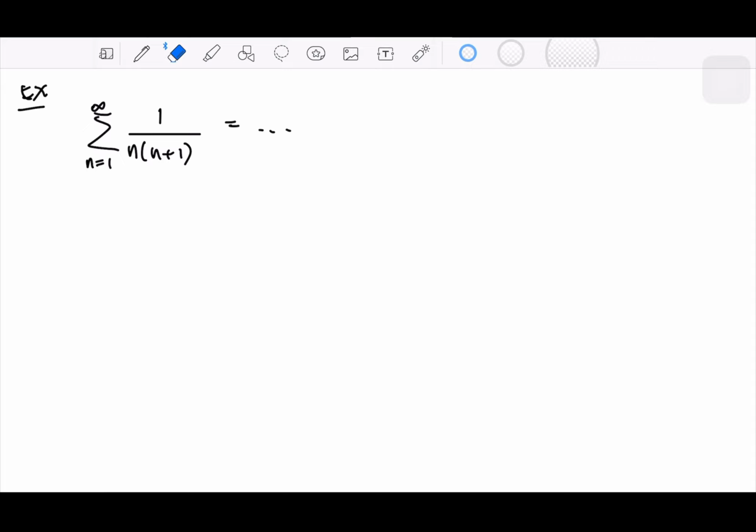So first, we need to check the partial sum of the series. Okay. So let me add another variable I to take into our observations.